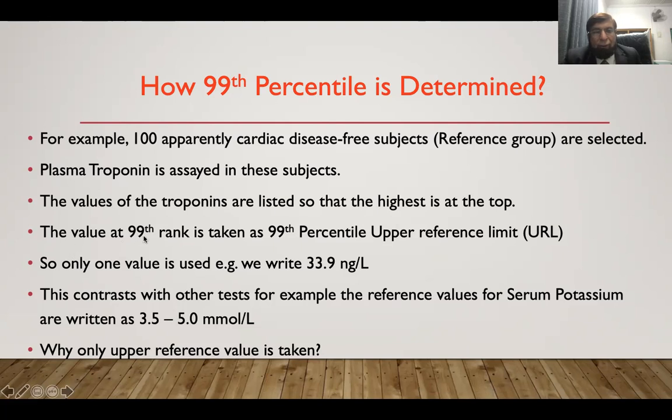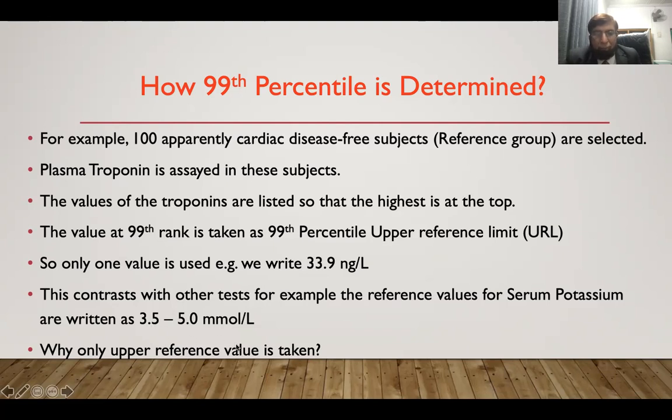The value at the 99th rank is taken as the 99 percentile upper reference limit. So only one value is used. For example, we write 33.9 nanogram. Whereas in other tests, for example in potassium, we use two values, 3.5 to 5. In troponin, we use only one value, which is the upper value at the 99th rank.